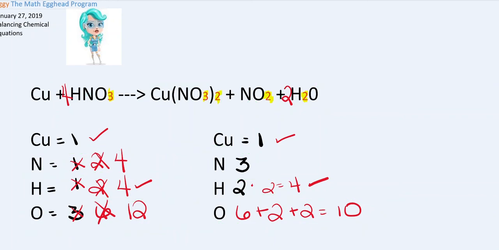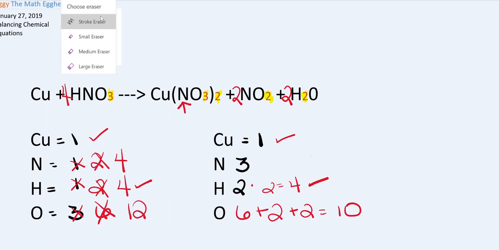So now that we all made the executive decision of not touching the copper 2 nitrate and the H2O water molecule, because we already see that the other elements like copper and hydrogen are balanced, let's go ahead and change the coefficient where nitrogen dioxide is, because we know that these 2 atoms are not balanced.